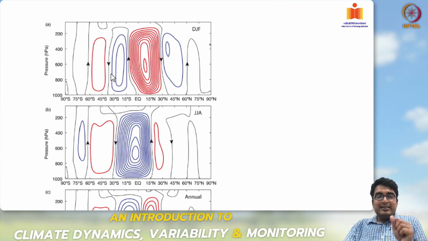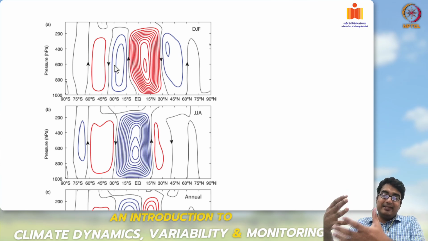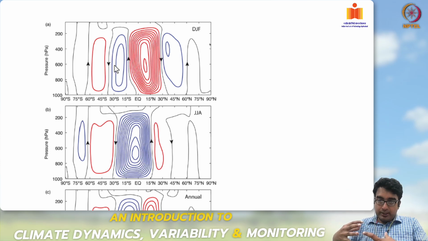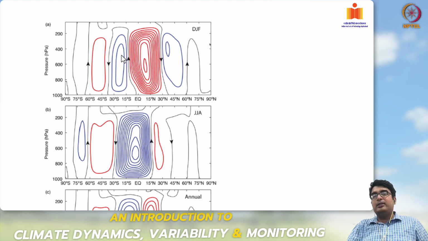Here in the southern hemisphere the Hadley cell expands further towards the high latitudes. Because it's summer in the southern hemisphere, the southern Hadley cell expands southwards. So basically the subtropical high moves southwards to higher latitudes, around say 40° south latitude, and at 40° south you get a convergence between the southern Hadley cell and the Ferrel cell.